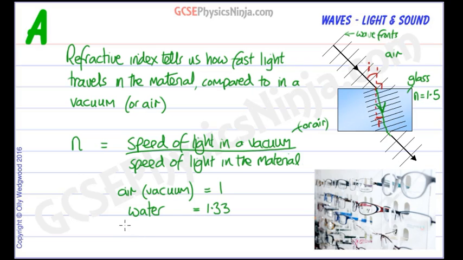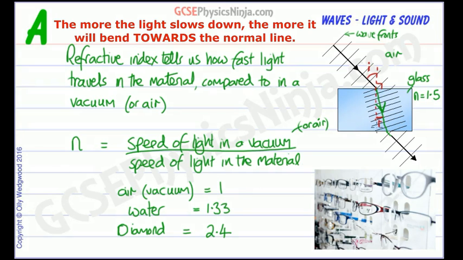In diamond, light slows down quite a lot. In diamond, n, the refractive index, is 2.4. So that's very much slower than in glass or in water. And so the refracted ray would refract a great deal.